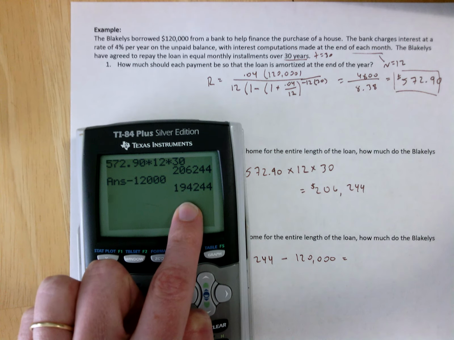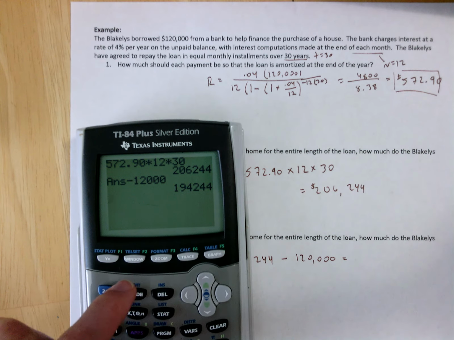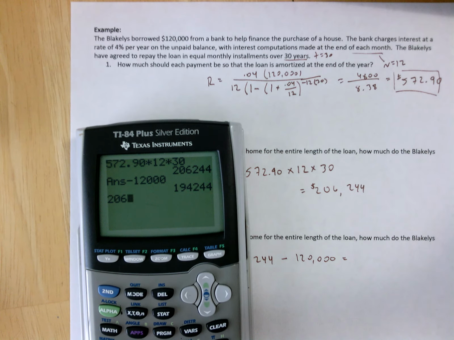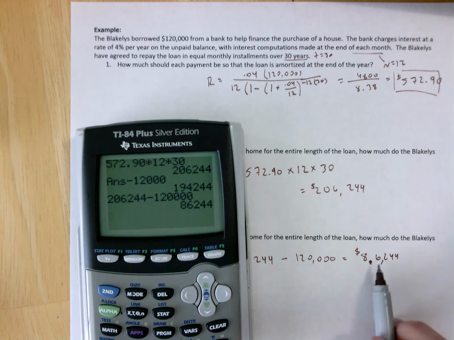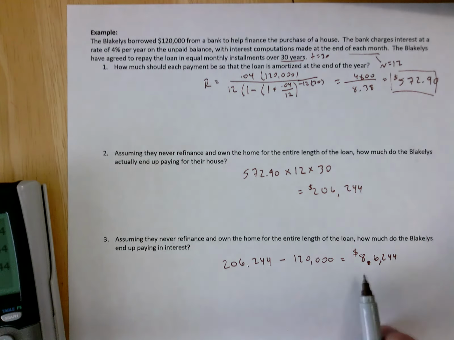So on top of, oops, I missed a zero. There we go. That's a little more realistic. So $86,244. My bad. Okay, so they end up paying on this loan $86,000 just in interest.